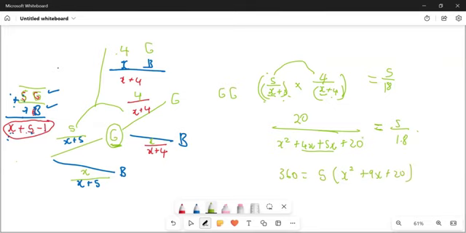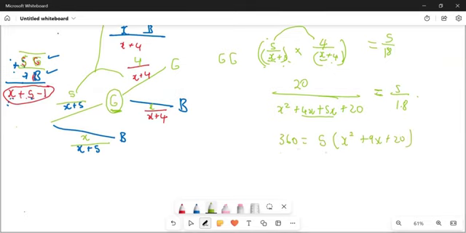I'm not going to multiply with 5, I'll divide by 5 on both sides. I can undo multiplication with division. 5 and 5 are going to divide each other out. And if I say 360 divided by 5, what do I get? 72, which is going to be equal to x squared plus 9x plus 20.